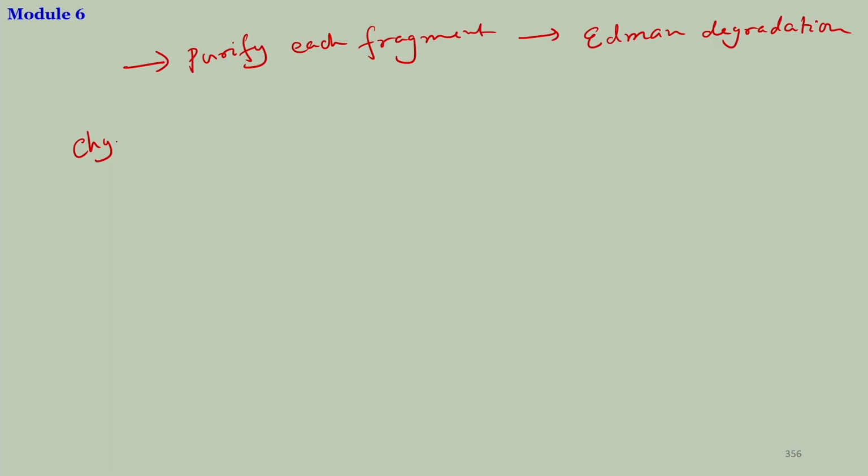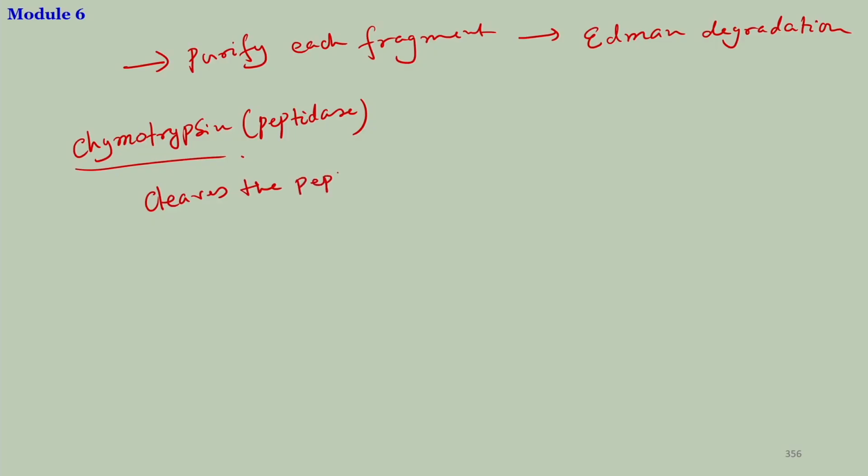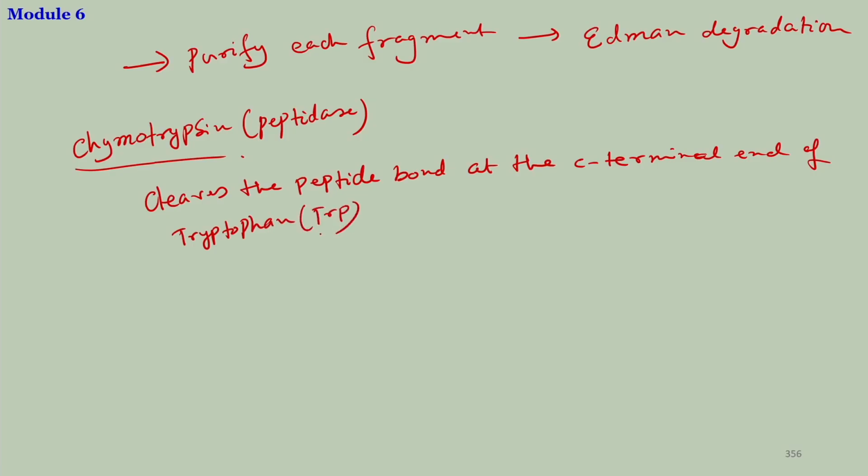Now if you have chymotrypsin, chymotrypsin is another proteolytic enzyme, or another peptidase, and it cleaves the peptide bond at the C terminal end of tryptophan, TRP.